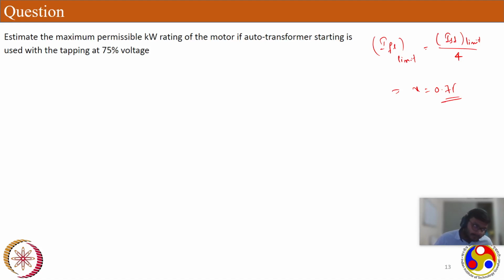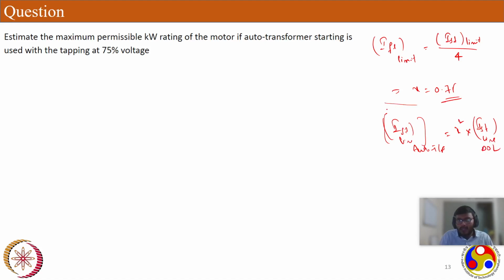Now, we know that if I'm using my auto transformer, the burden of the starting current will be reduced by x square. That is the formula. If you remember, the starting current for the auto transformer will be x square times the starting line current in the DOL.